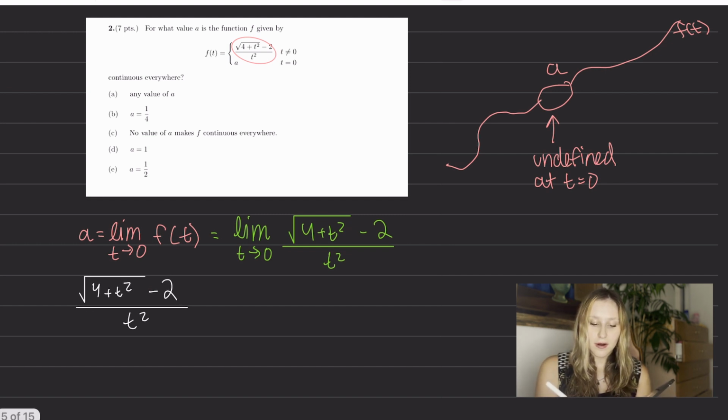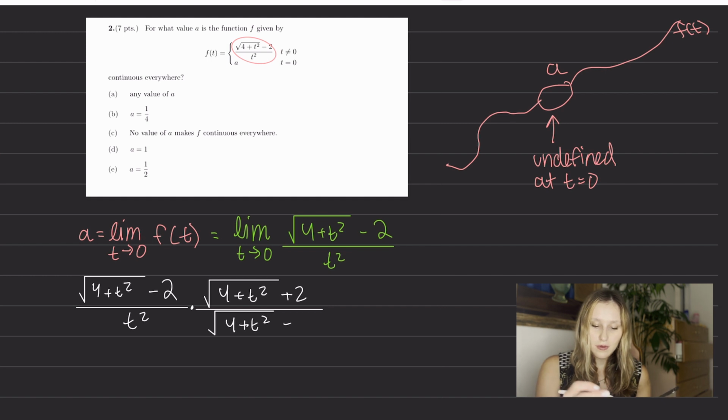So we get 4 plus t squared over or under the square root plus 2 to eliminate the square root in the numerator and hope for the best.